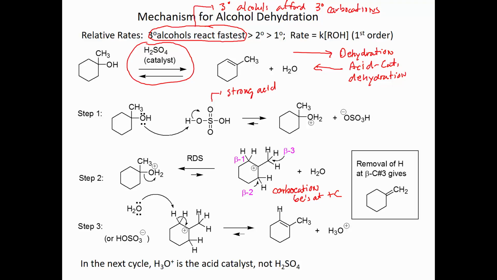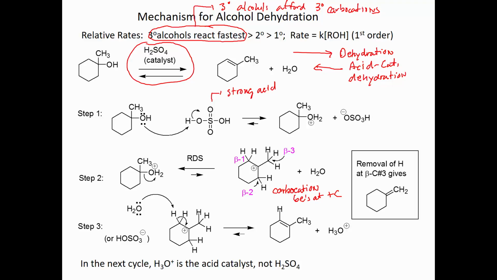Sulfuric acid, it turns out, is a stronger acid than HCl and HBr, and as a result, its conjugate base is a lot less nucleophilic. So the preferred process at this point is not adding the bisulfate anion to the carbocation, but rather removal of a hydrogen from the beta carbon using this set of arrows right here.